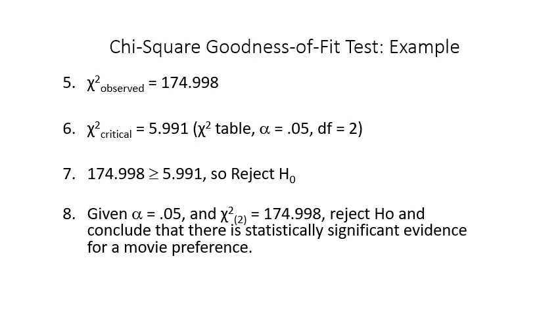Given an alpha of 0.05 and a chi-square with degrees of freedom of 2 equals 174.998, reject H0, and conclude that there is statistically significant evidence for a movie preference. Very simple, right? Again, the hardest part is calculating the expected.